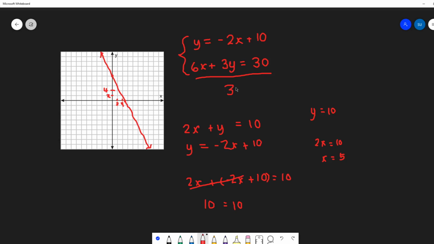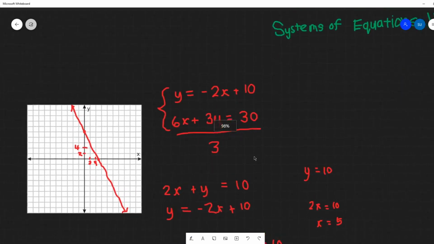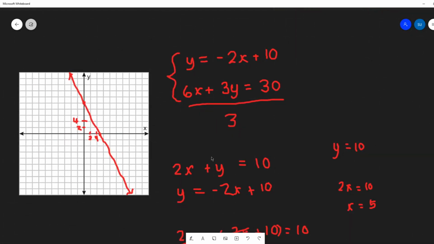So when you're graphing equations and you see that both of their lines are the exact same line, that's how you know that you're dealing with a system of equations that has all solutions. So all infinitely many solutions are valid. You can sort of start to notice it up here, really, when we divided by that 3 in the second equation.